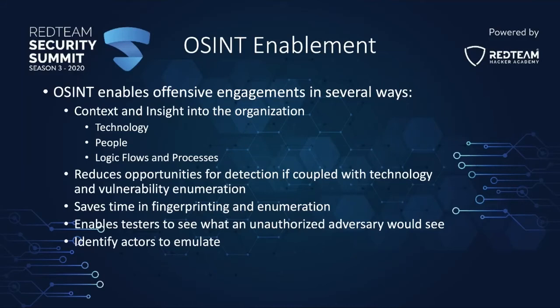But the most important thing for me, honestly, would be to enable a tester to see what an unauthorized adversary is going to see. Because you have your scoping documents before you go into testing, but organizations tell you quite a bit, but they're not going to necessarily tell.